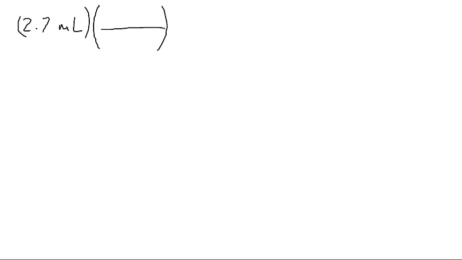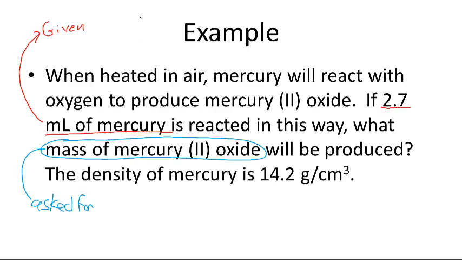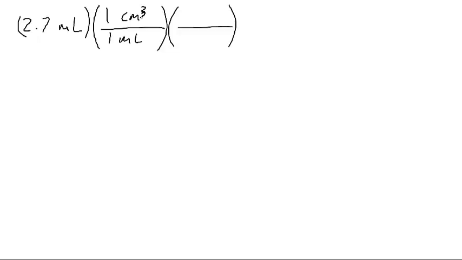I'm going to change that into centimeters cubed. All right, so 1 centimeter cubed is 1 milliliter. And then what am I going to do with centimeters cubed? Divide by the density. So the density is 14.2 grams per centimeter cubed.